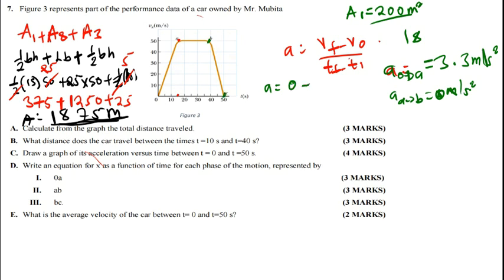The initial started from 50. I divide by time. The time from this point all the way to 50 is just 50 minus 40, which is 10. So it's going to be 5. So acceleration from B all the way to C is negative 5 meters per second squared.